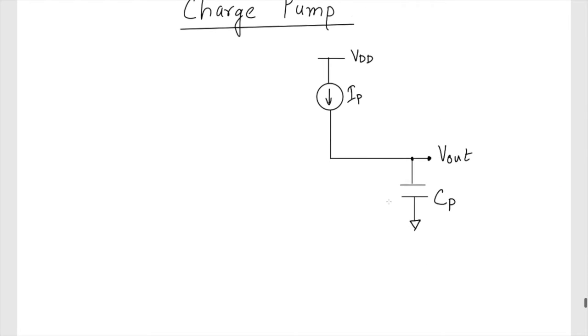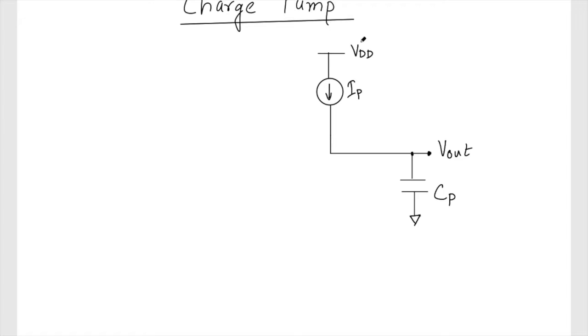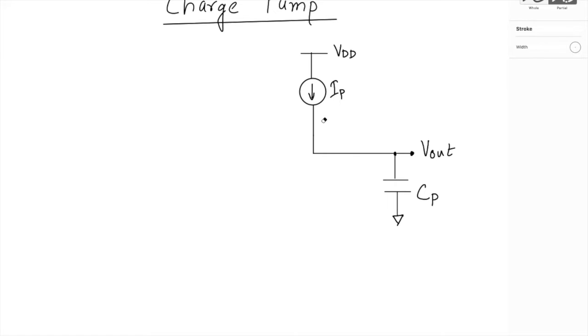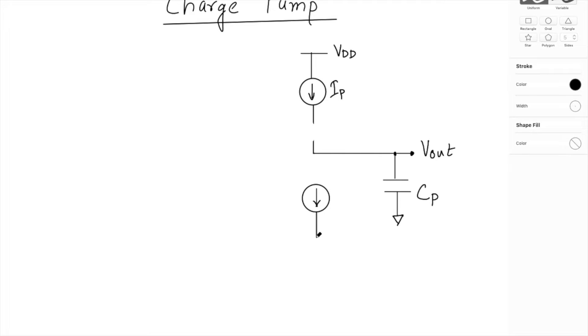Okay, so similarly, let's break this part so that I don't have any more connections now. Instead of pumping the current into the capacitor, if I pump the current out, actually pump the charge out from the capacitor, right?